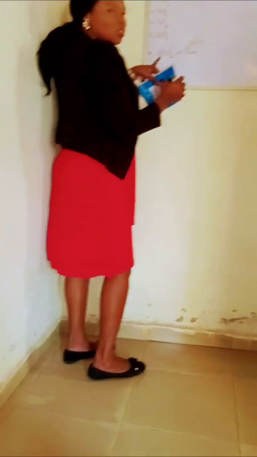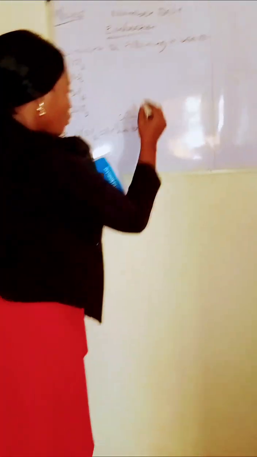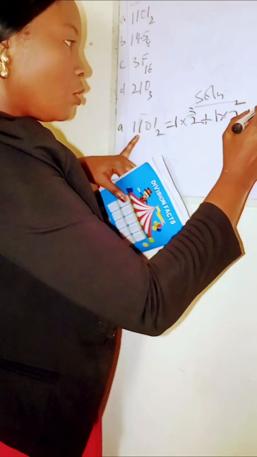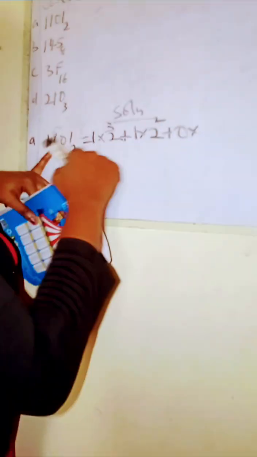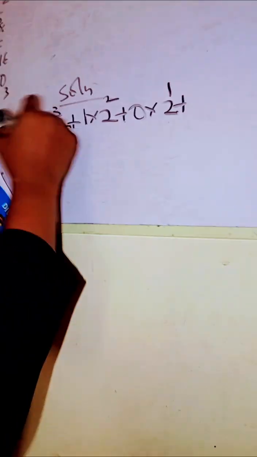Plus, go to the next digit, 1 times your base 2 raised to power 2. Remember, you're going in descending order. Then plus 0 times your base raised to power 1, plus 1 times your base 2 raised to power 0.